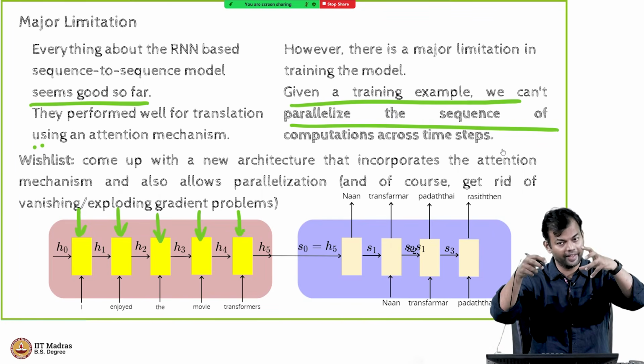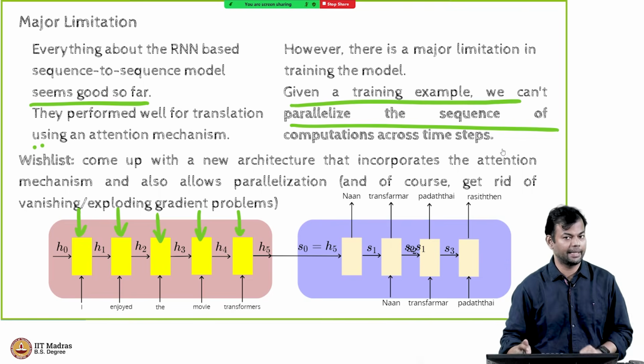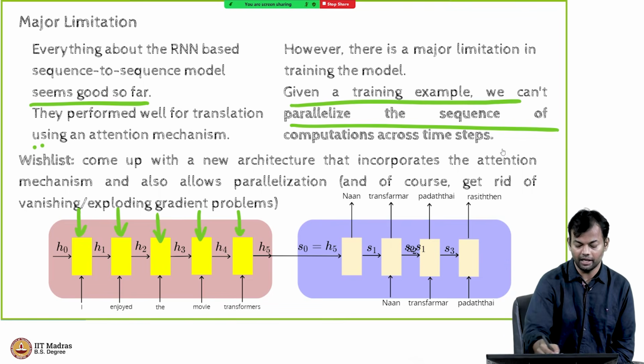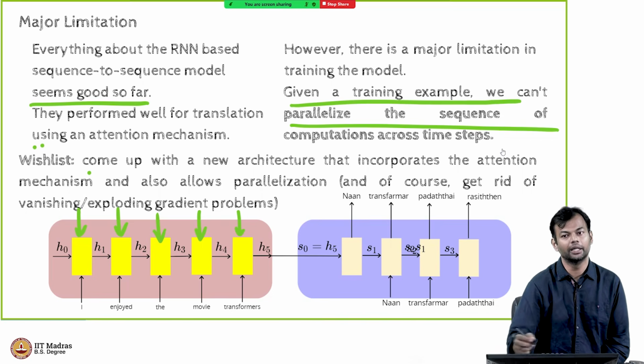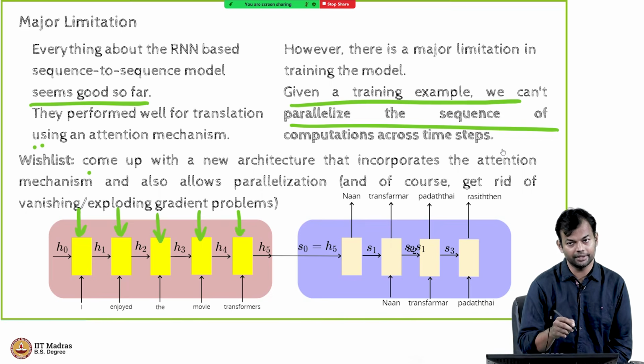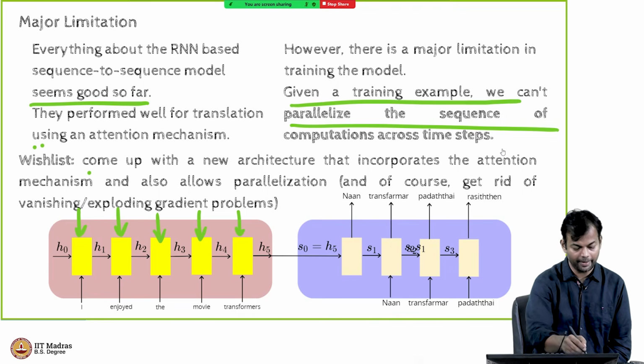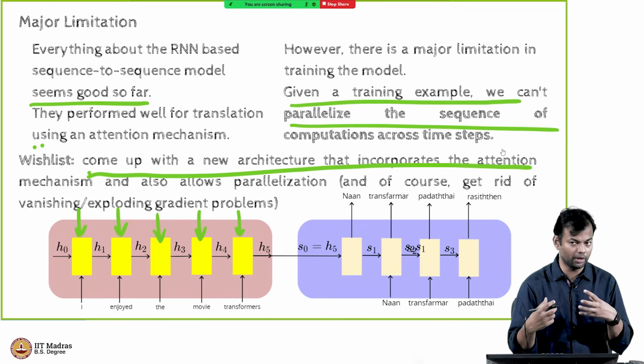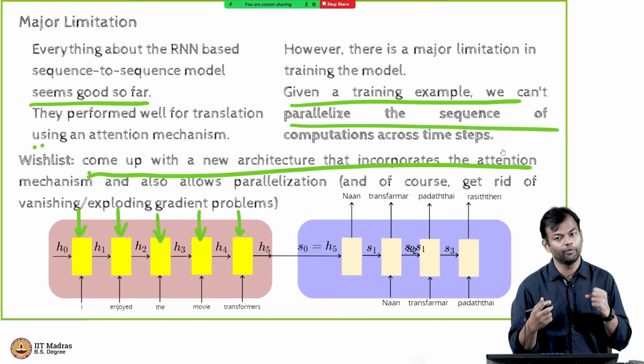Of course, on top of that, if I have attention, at a given time step it can be computed in parallel. So now our wish list would be, can we come up with a new architecture that incorporates the attention mechanism and also allows us to do things in parallel? We don't want to get rid of the attention mechanism because it helps us compute the contextual representation, but we want parallelism.